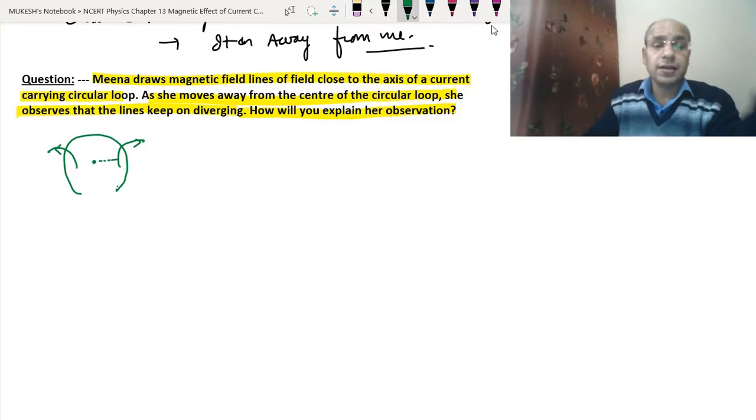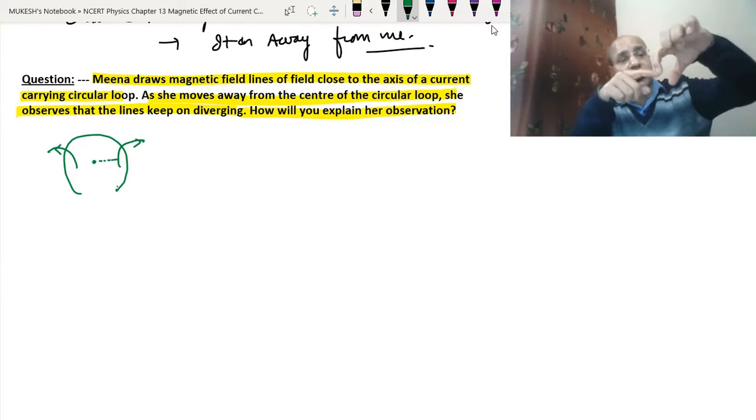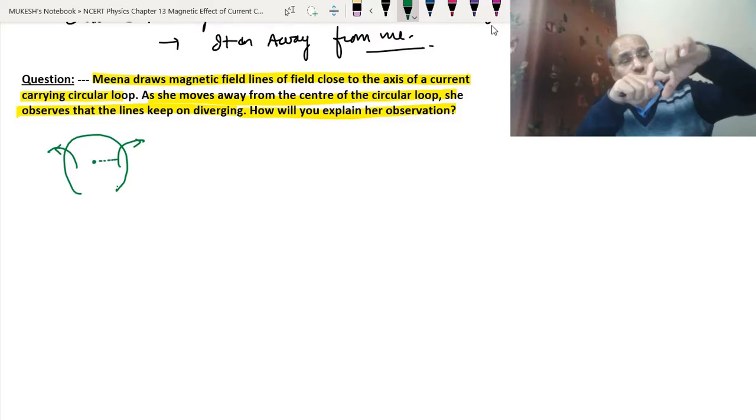Okay, and as we have explained in the circular loop, inside the loop the field is uniform, and the field at the center is uniform and maximum also, because each point contributes equal field inside it, so that at the center it becomes maximum and uniform also. So in the middle it is parallel or straight lines. Okay.